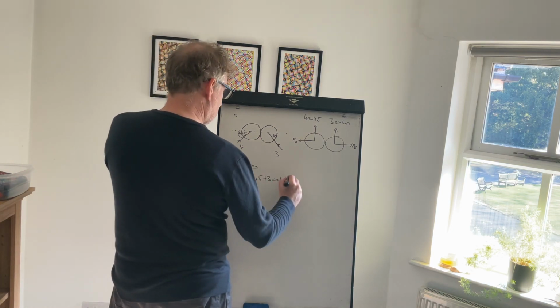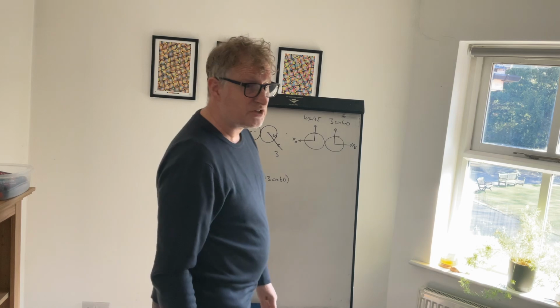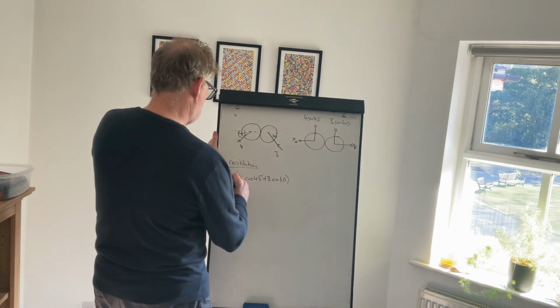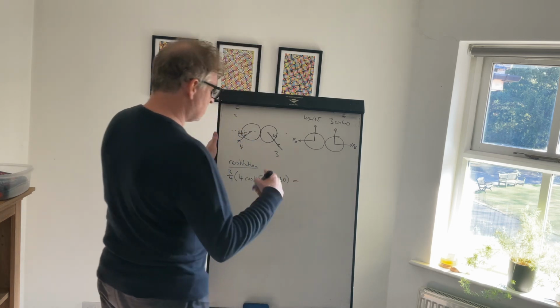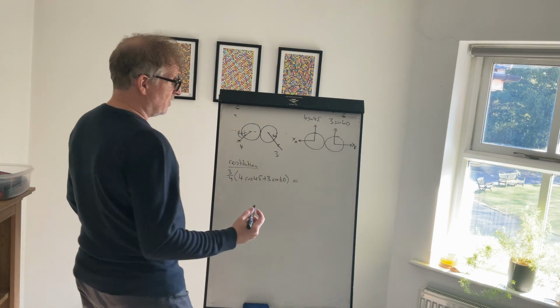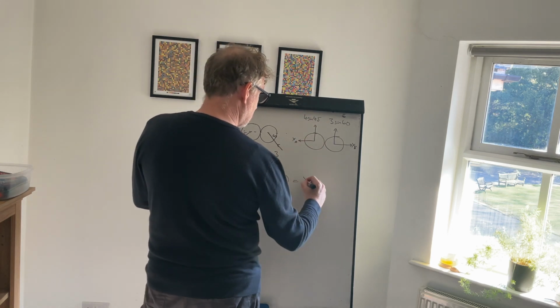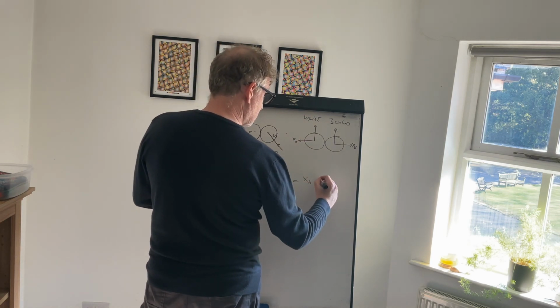We times that by the coefficient of restitution, which is 3/4, and that should give us the speed of separation. Because they go in opposite directions, again we add these, XA plus XB.